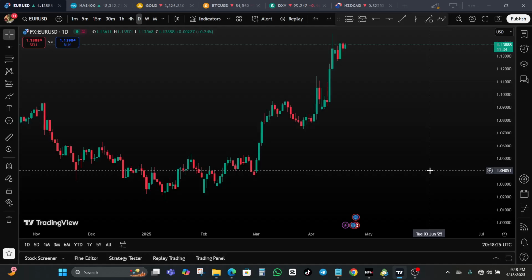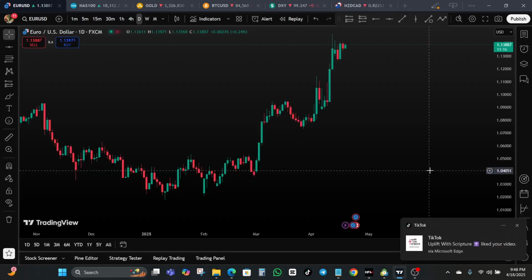Now, we're just going to be diving into what might just be the ultimate buy-sell signals indicator for day trading in TradingView. If you are tired of cluttered charts and confusing setups, this could be the solution you've been looking for.